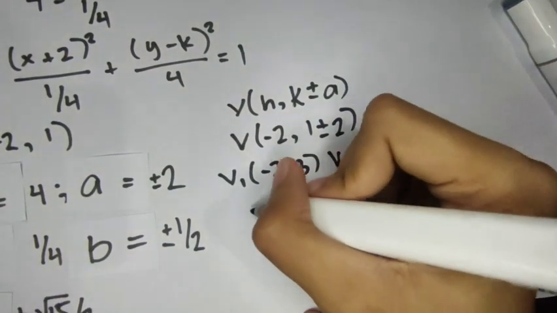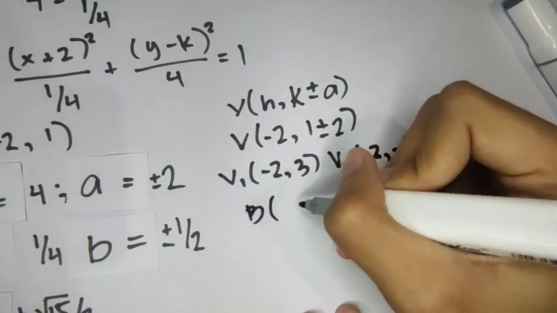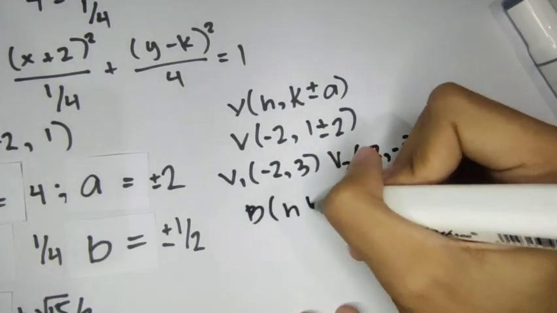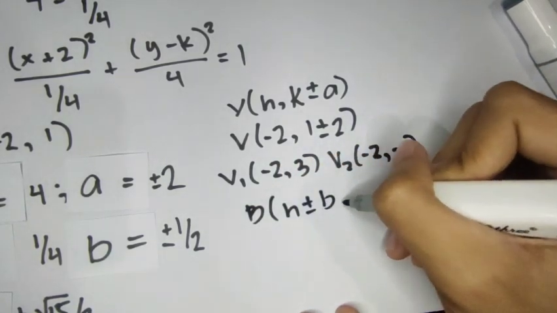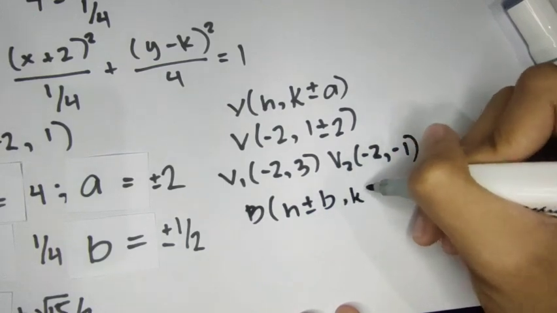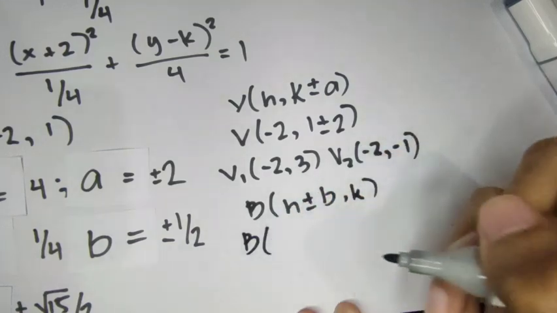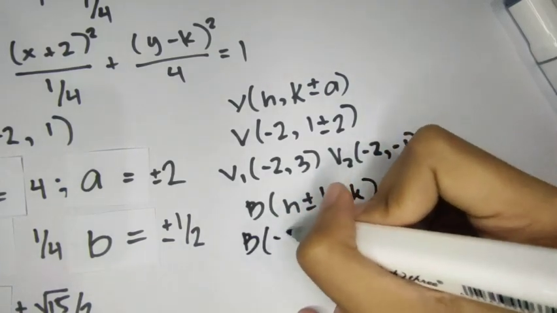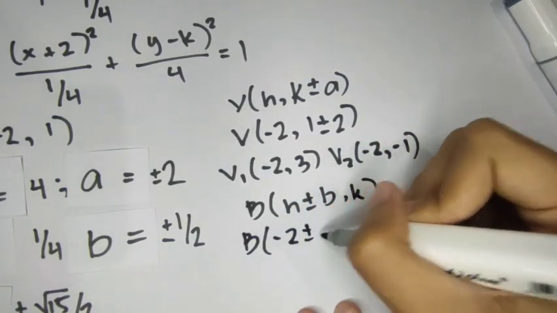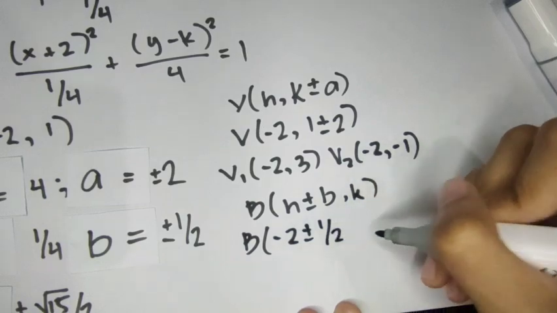For our co-vertices, we will just add the value of B to the H, and comma K. So B is negative 2 plus minus 1 half, comma, positive 1.